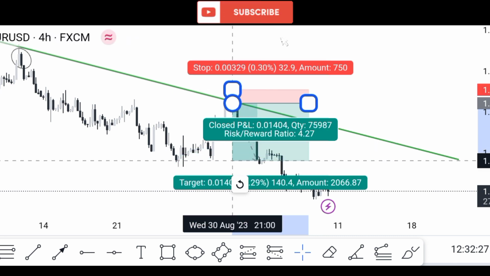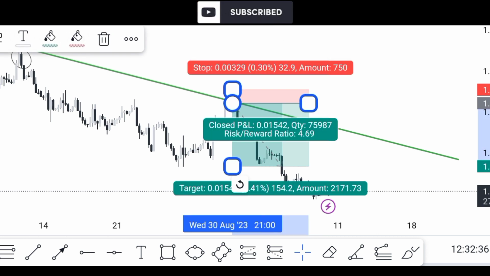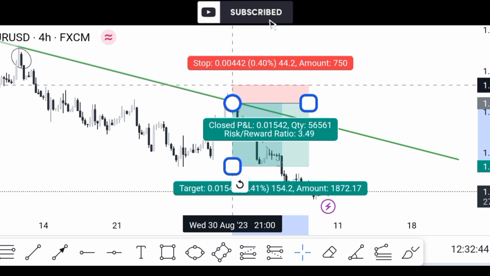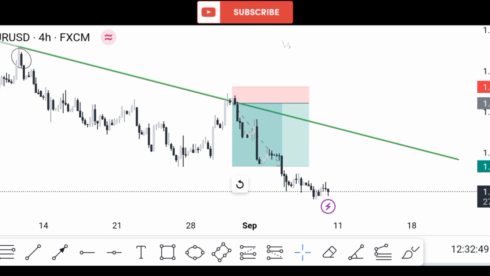Then your target should be the nearest swing low. Yes, the nearest swing low should be your target, and this could have given you a decent risk reward ratio of about 1:4.6. So this is a decent risk to reward ratio. The SL should be above the previous high, somewhere here, and that's decent.